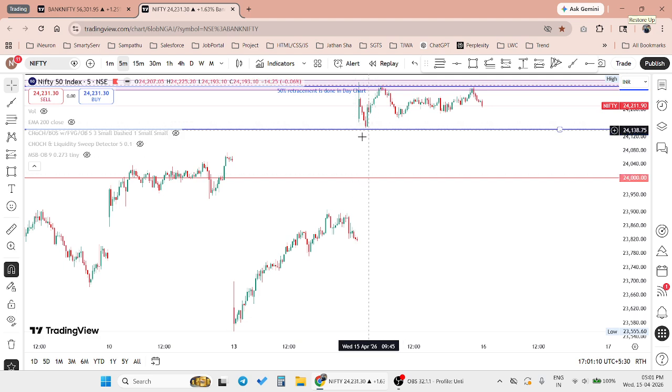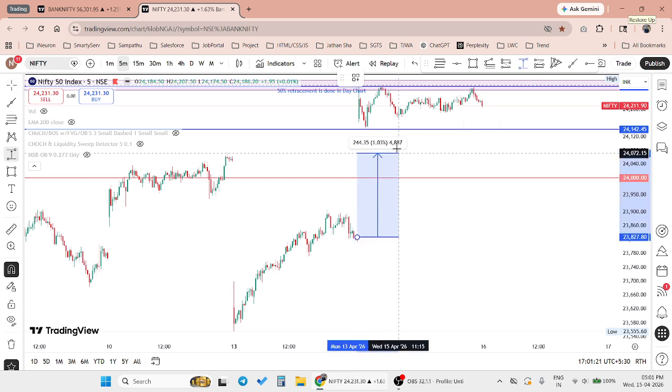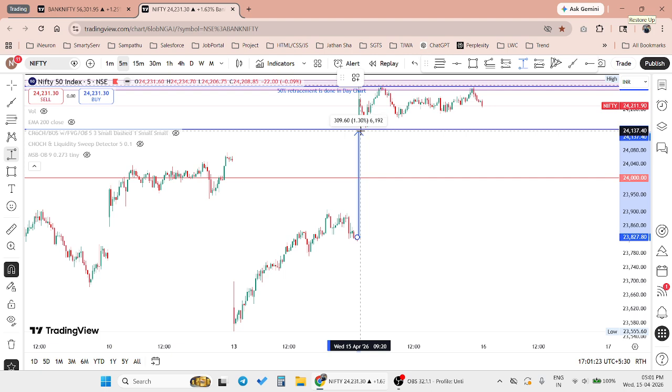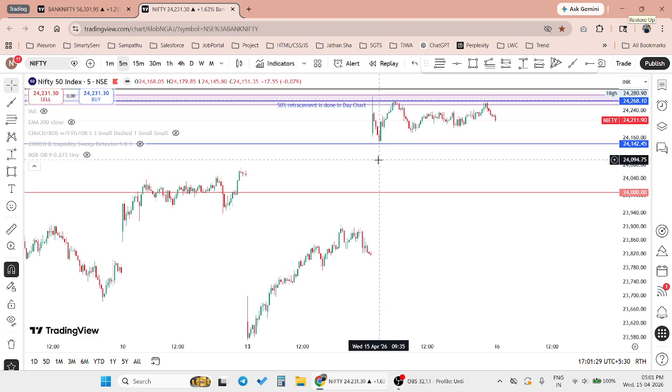In that case we are not following the previous chart, and it is a big gap up. You can measure it from the closing point to the opening. It's almost 300 points in Nifty. If it is more than 200, then we consider it a big gap up, and we are not considering the previous chart.